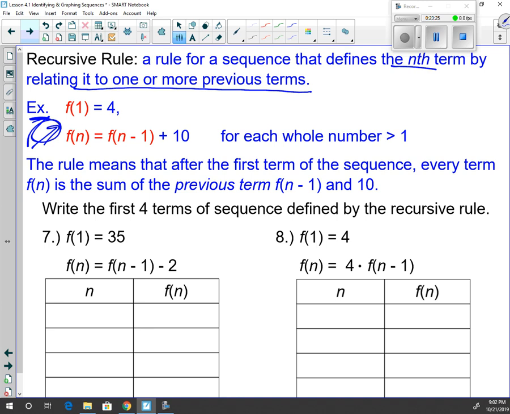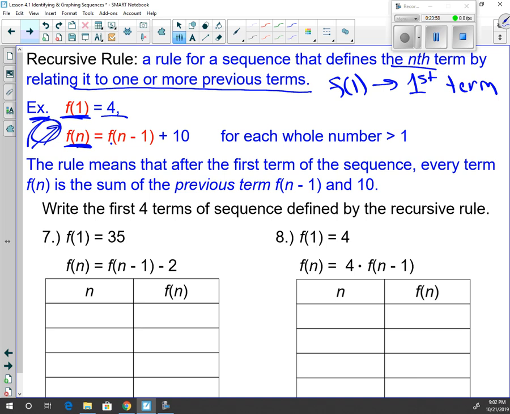Okay? This part right here, the f of 1, means the first term. So you can even write that down. F of 1, first term. So if I was going to start out making the sequence, I know that the first term is 4. Okay? I know that the first term is 4. So that's what that means. This part means the value of any term is then equal to, and then the n minus 1, right?